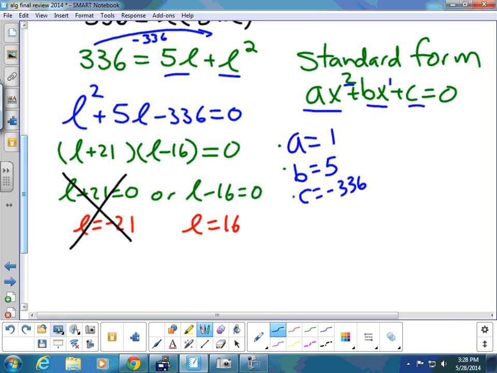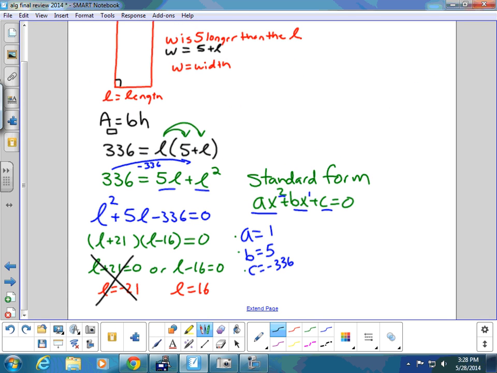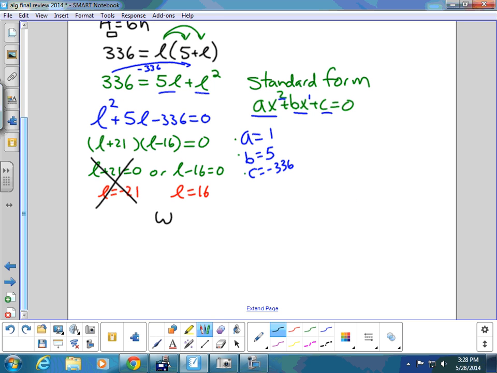Well, if we go back to the beginning, we said W is 5 more than L. If W equals L plus 5 and L is 16, then W should be 21. Let's see if it is. So now I'm going to do my check. Write the word check for full credit.